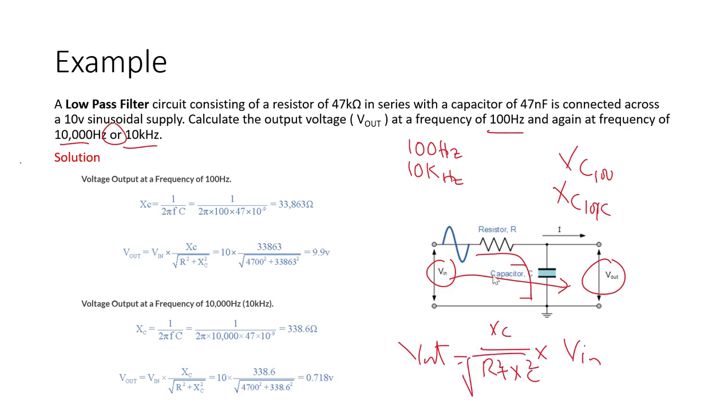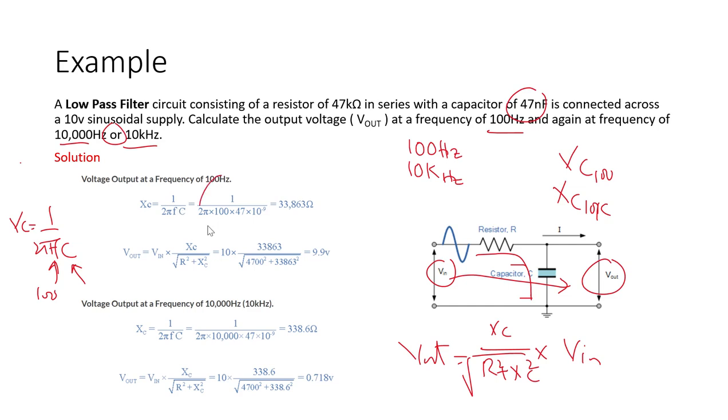Okay, now calculate XC 100. For that we will use XC is equal to 1 over 2 pi f c, and f is 100 here. C is how much? C is 47 nano.